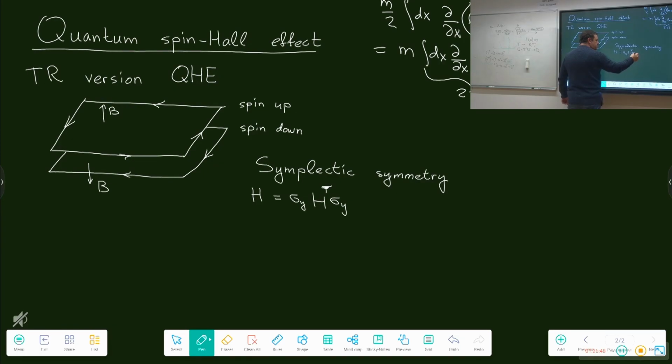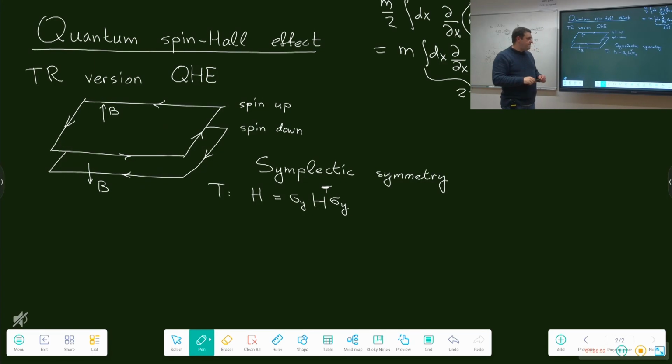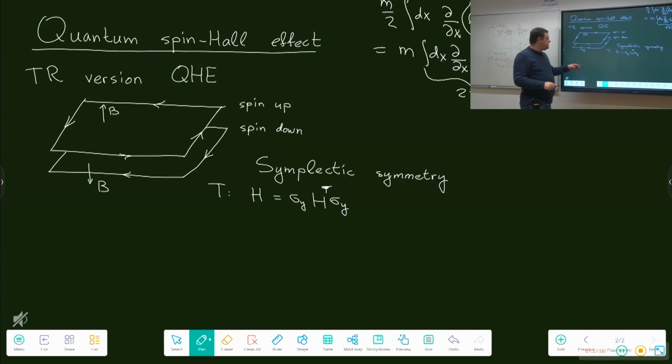Time reversal symmetry that squares to -1 and has the form of very strong spin-orbit coupling. I will not write the Hamiltonian explicitly, but you can do this. I mean, this picture is almost like writing the Hamiltonian.